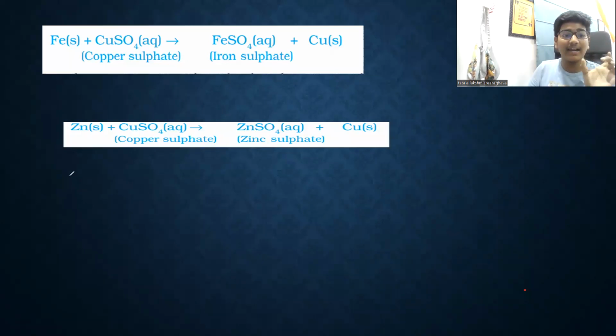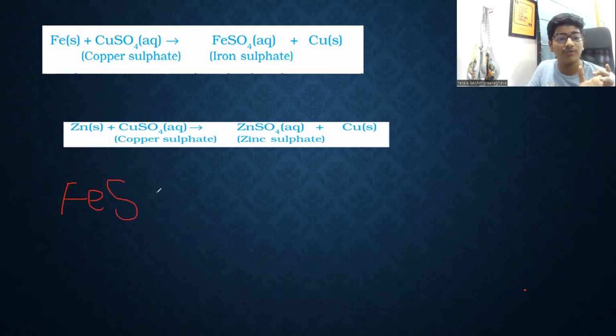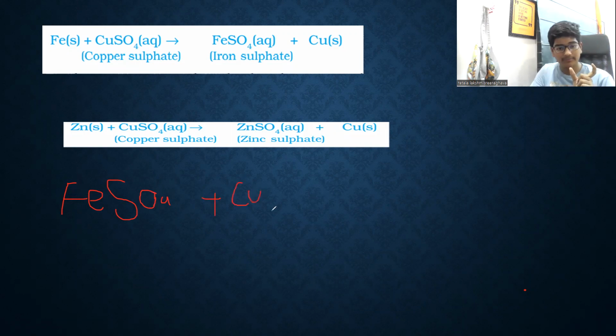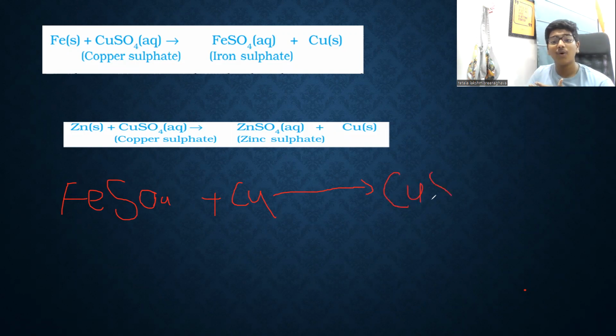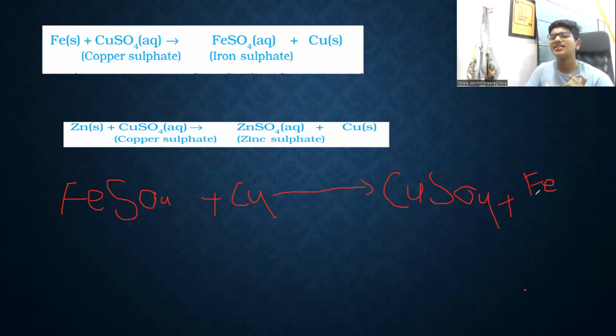Let me explain what exactly the students will do. If they ask FeSO4, I hope you are able to see my writing, so FeSO4 is there, and then you take copper. Then the students ultimately write the reaction that it gives rise to CuSO4 plus Fe. So, is it correct?